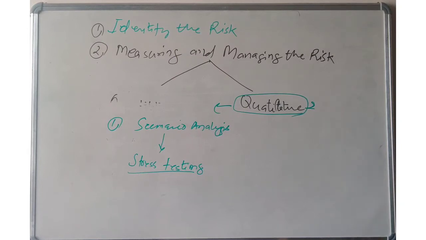For example, in case of an economic crisis with no liquidity, how will the balance sheet behave if the company faces a liquidity crunch? How will those events have a negative impact on the operation of the company? So in stress testing, only one variable is shocked at one point of time.